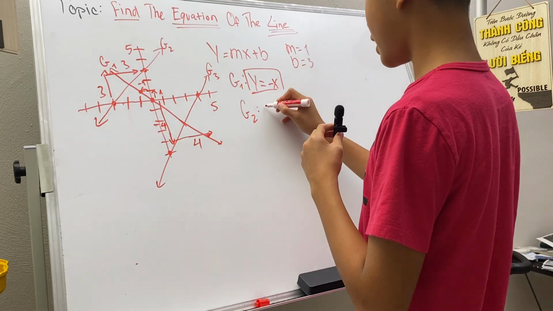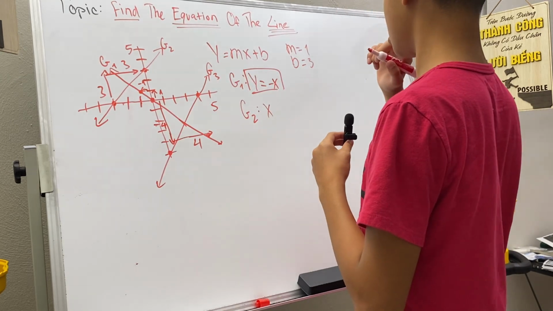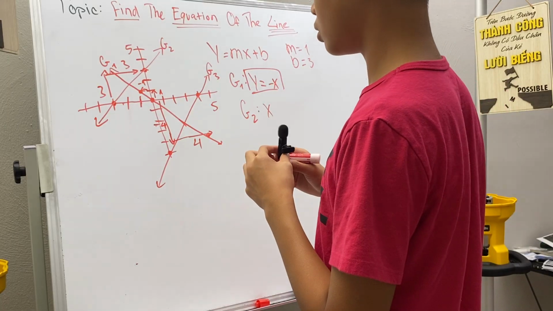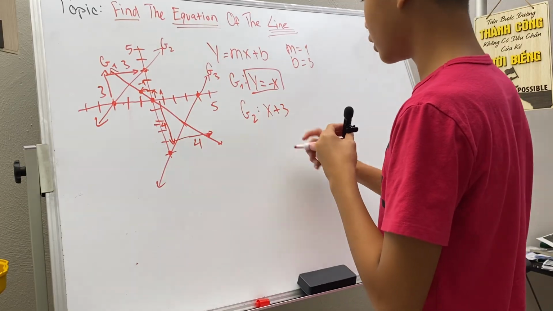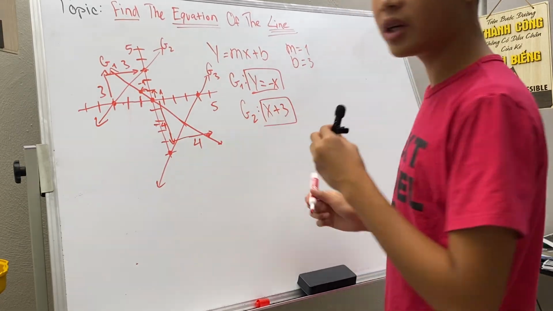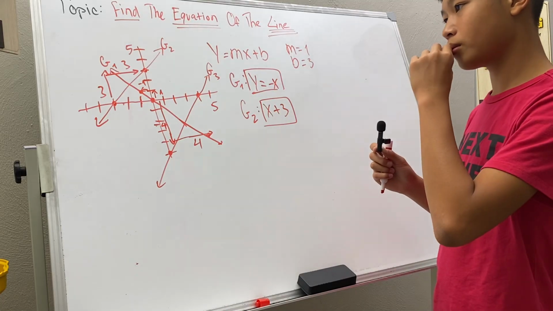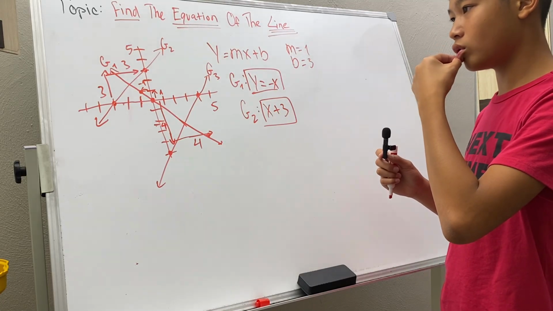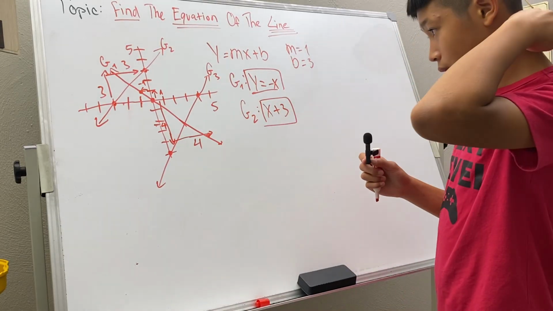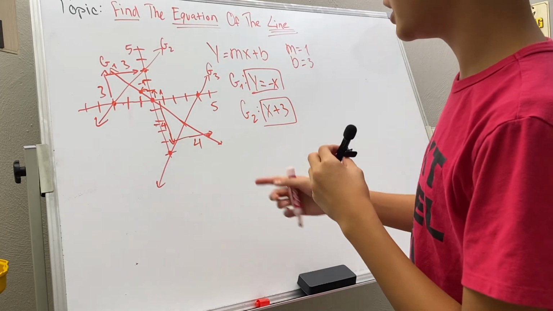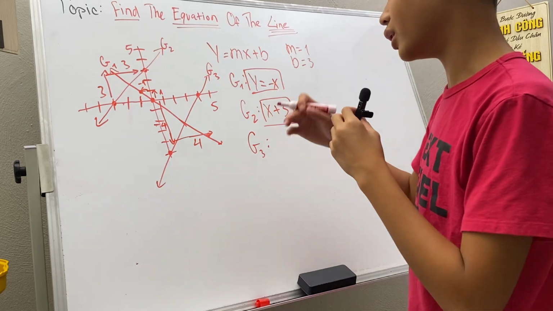So this graph is y = x + 3. Yeah, that's right.